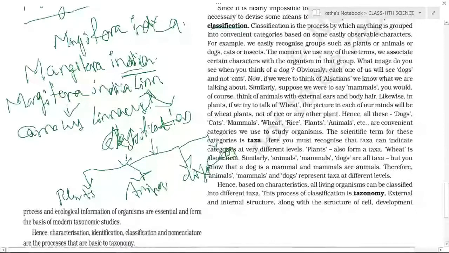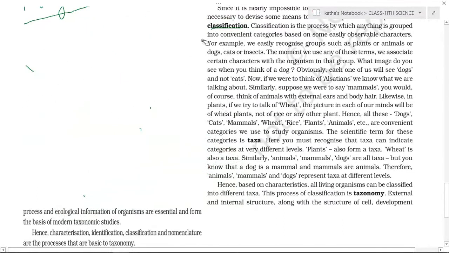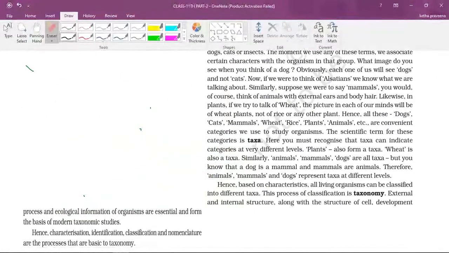The moment we use any of these terms, we associate certain characteristics with the organism in that group. So the moment we use plant, animal, dog, cat, these organisms come under certain groups. Next, obviously each one of us will see dogs in our surroundings.